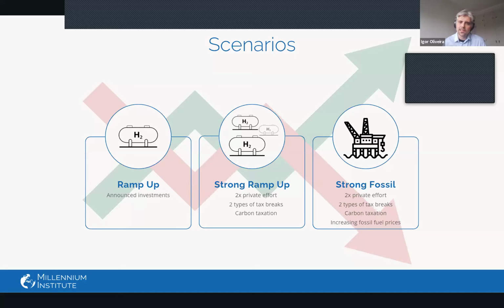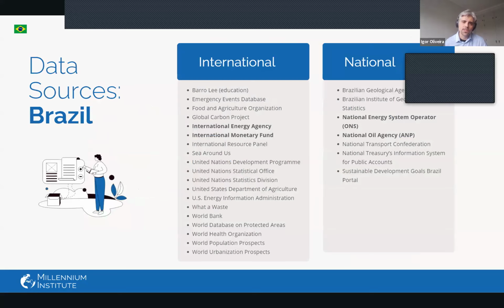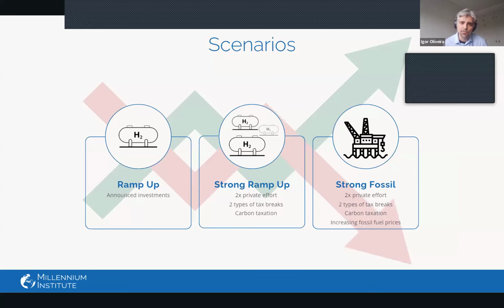Then a scenario with a stronger level of investment, some tax breaks, and some additional policies. And then finally, a third scenario with all of that, but also increasing fossil fuel prices, which is, of course, the products that are being substituted by green hydrogen. So there's a whole substitution dynamics that was involved here.